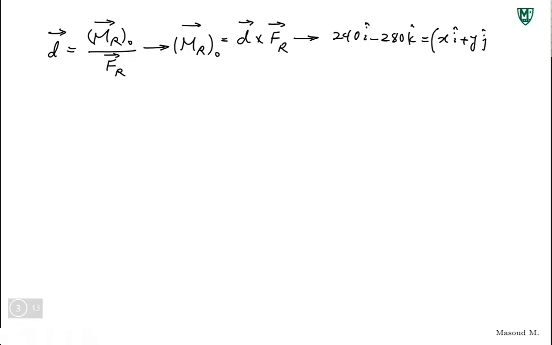It's just unknown components for the vector: x amount in the I direction, y amount in the J direction, and z amount in the K direction.